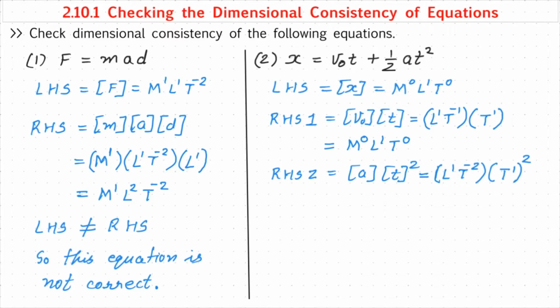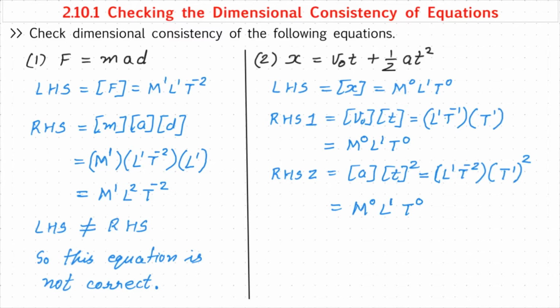Now solving this, we will get m0, l raised to 1 and t raised to 0, because this is t raised to minus 2 and here is t raised to 1 with power 2, that means it becomes t raised to 2. So t raised to minus 2 and t raised to 2 become t raised to 0. That's why it is m0, l1 and t0.